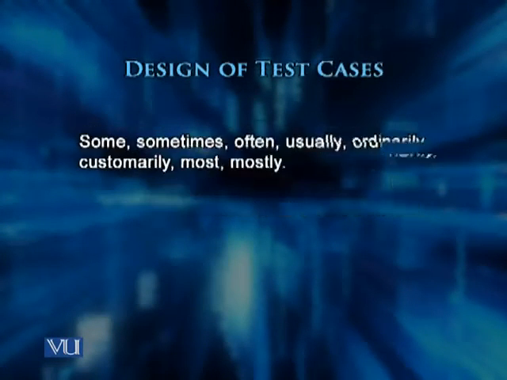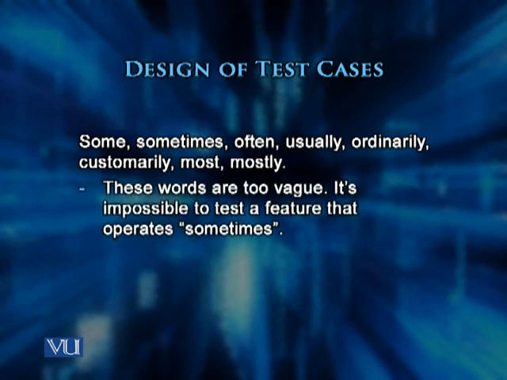Then the next set of words and phrases is some, sometimes, often, usually, ordinarily, customarily, most, and mostly. These words are too vague, and I'll give you an example. It is impossible to test a feature that operates sometimes, or it is impossible to test a feature that operates usually, customarily, or mostly.